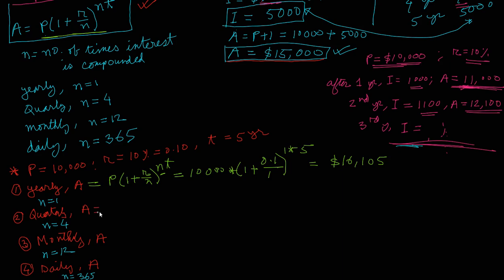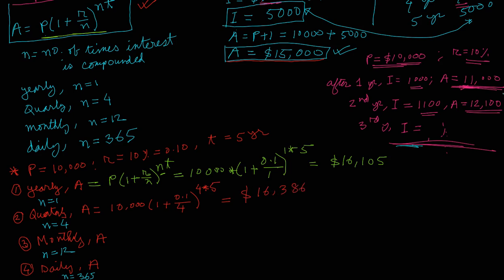So let's do the math for quarterly. For quarterly, what is going to be my A? 10,000 multiplied by 1 plus R, which is the same 0.10, over N, and N is this time 4, power 4 multiplied by 5. If you do the math, you are going to find John has to pay back $16,386.